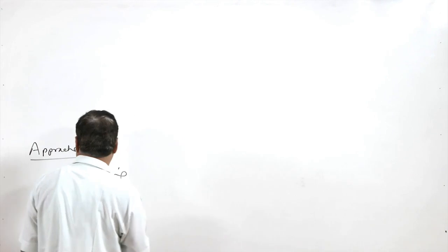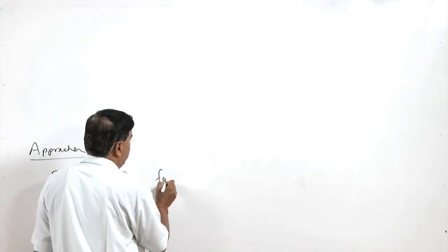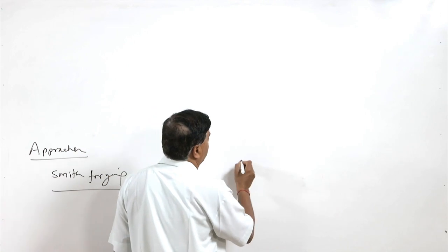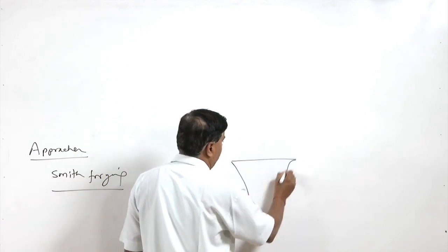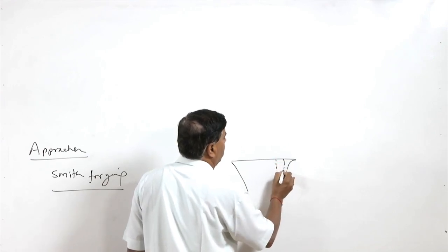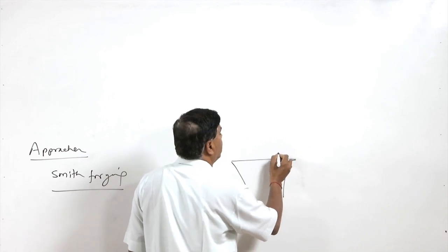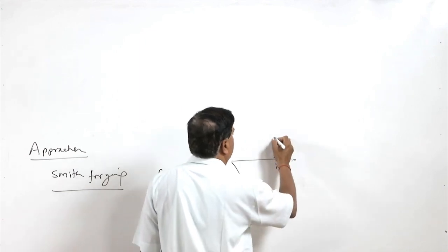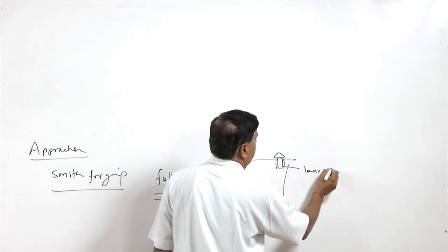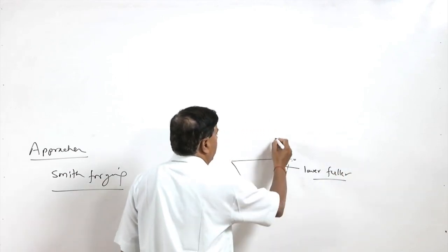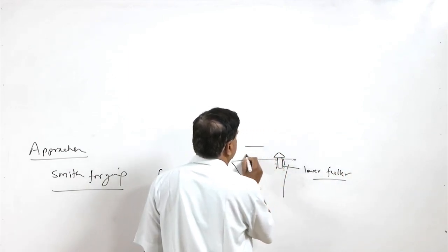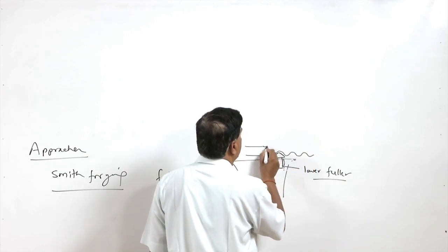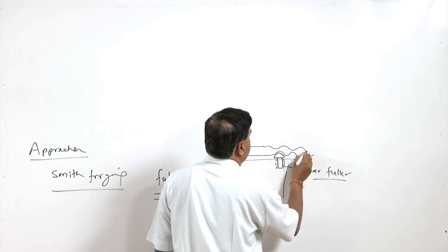So, one typical process which is called fullering in Smith forging process, wherein over the anvil, say this is the anvil having the hole in which the fuller is placed like this over the anvil, and so this is the lower fuller, and over this, like this.